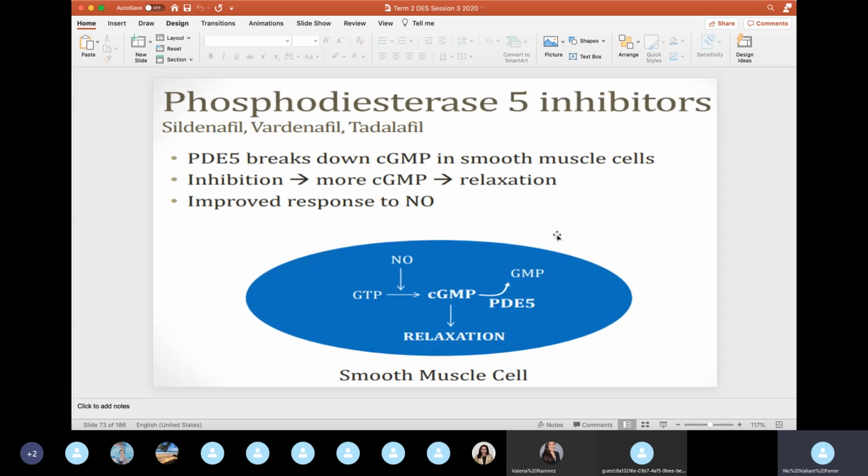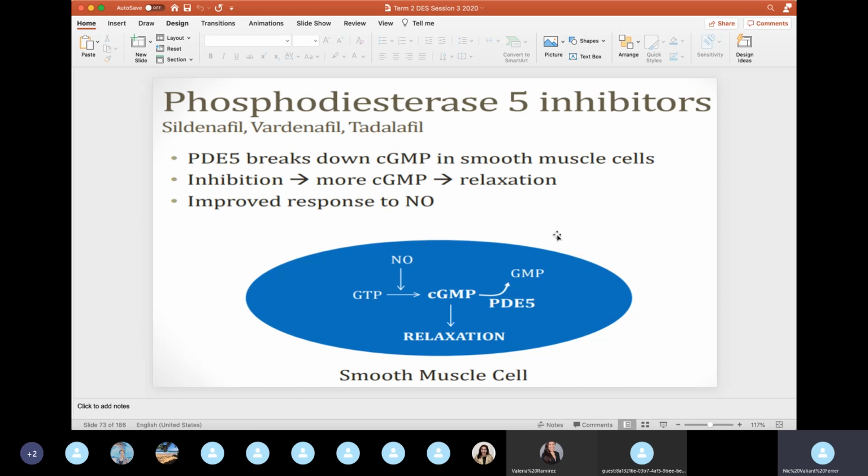High yield, your Viagra, your sildenafil, your vardenafil, tadalafil, they all end in afil, right? So these are your phosphodiesterase 5 inhibitors. What's the function? Phosphodiesterase breaks down cyclic GMP. So these drugs inhibit the breakdown of cyclic GMP, which increases cyclic GMP, which increases nitric oxide.